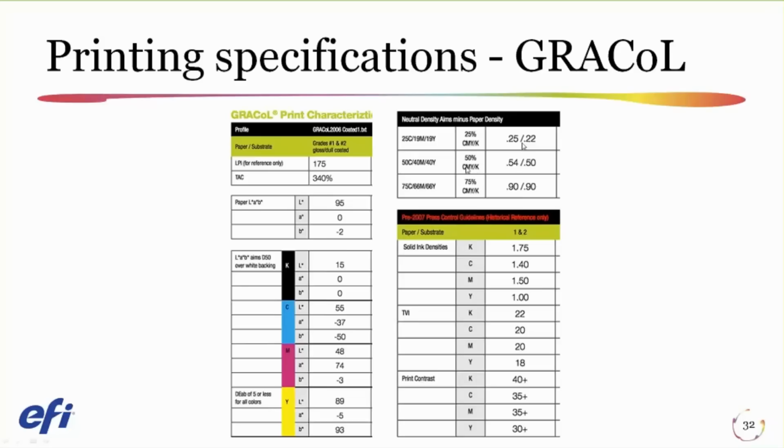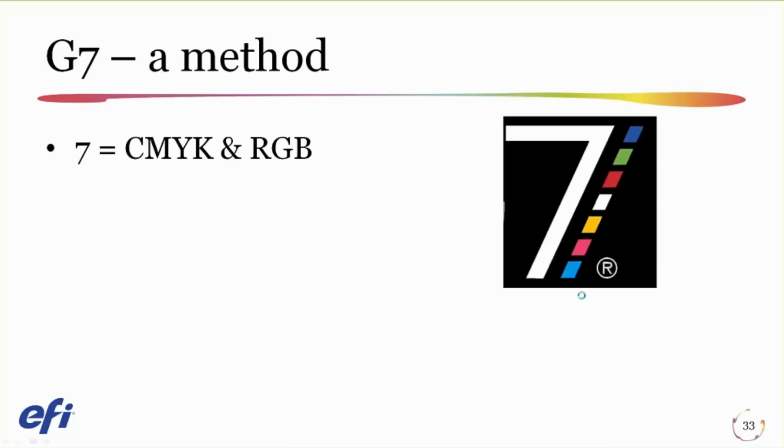We have neutral density values, we have density values for the various points along the tone curve, etc. So this is what a printer will look at to determine what they have to do in order to print so that they're in compliance to the specification you selected. Now, it's a little easier in the wide format inkjet arena because all of this information is encapsulated in an ICC profile. So we only have to worry about the ICC profiles.